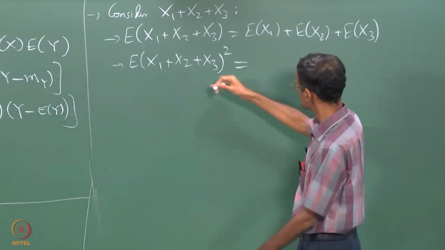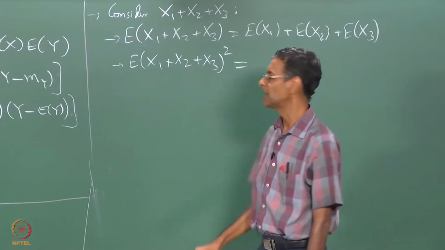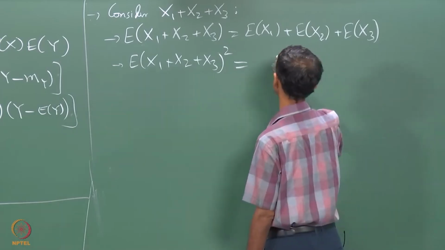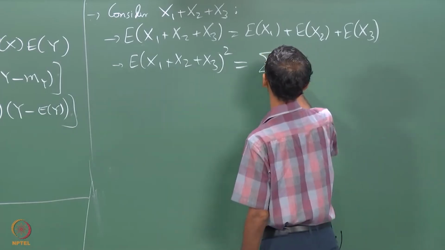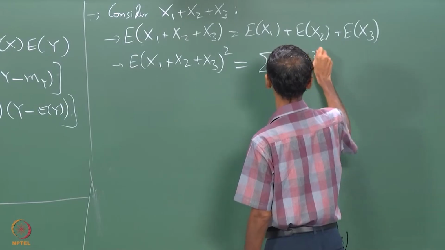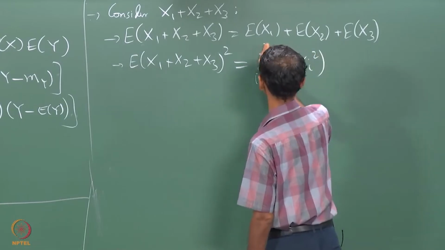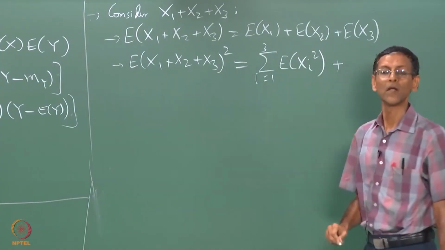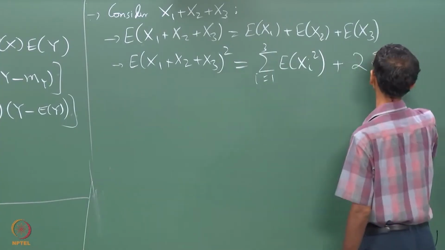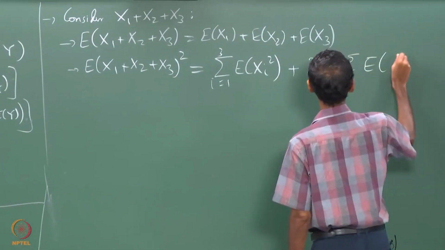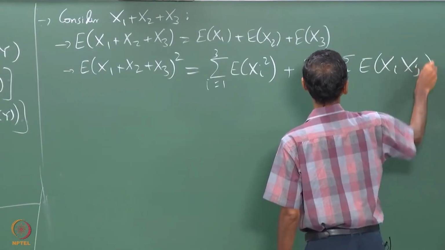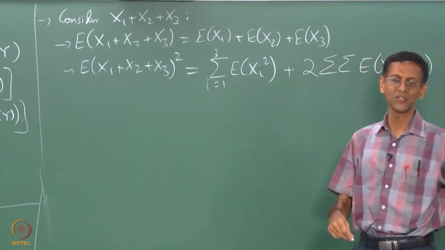So it turns out if you expand this out like we did yesterday, it will be written like this: sigma E of xi squared, i equal to 1 to 3 in this case, plus 2 double sigma E of xi xj. What limits do I have to say here?